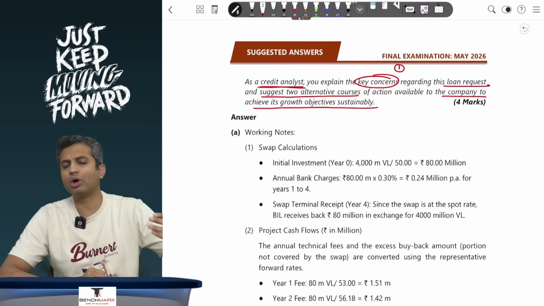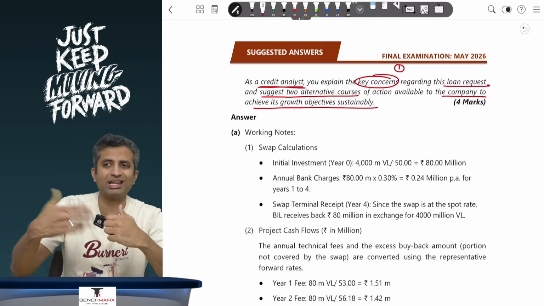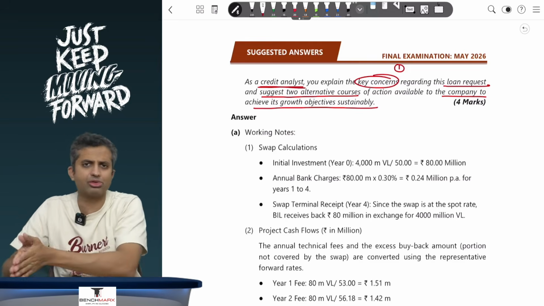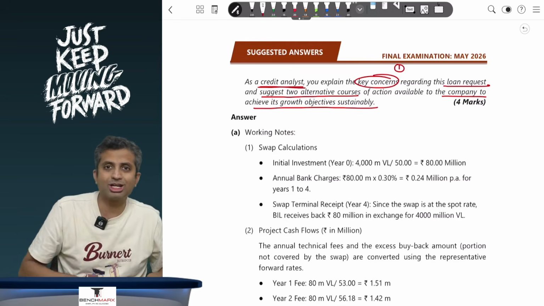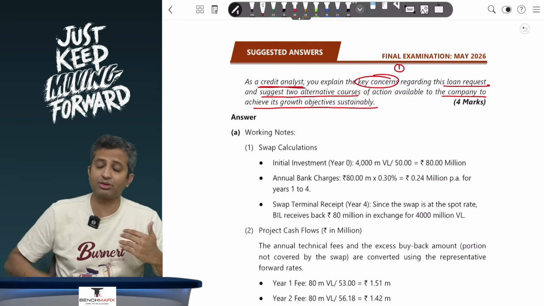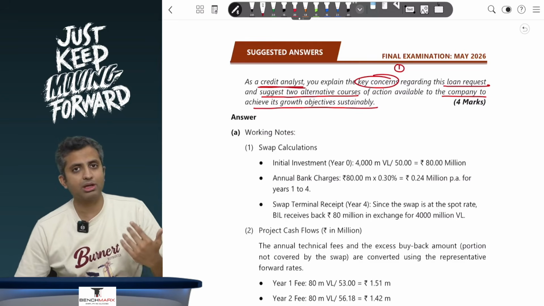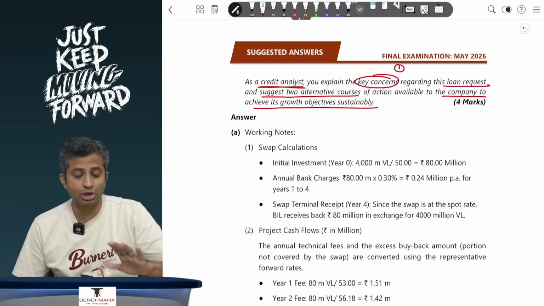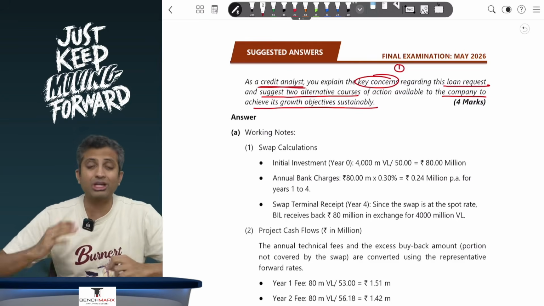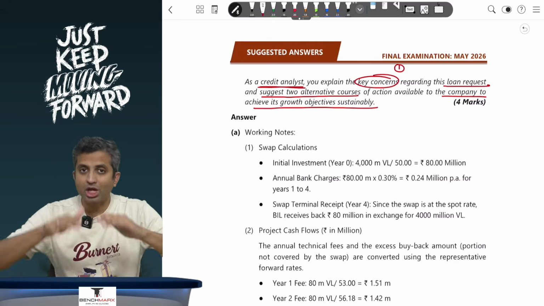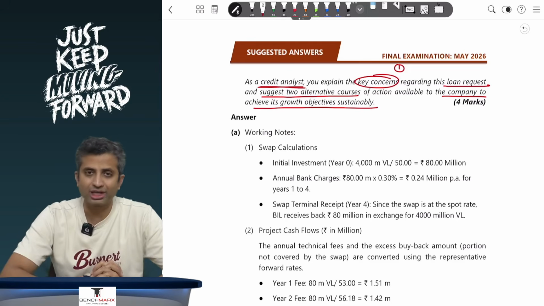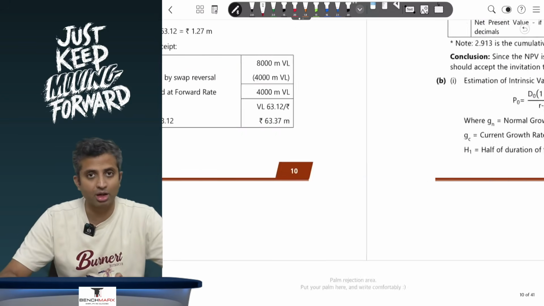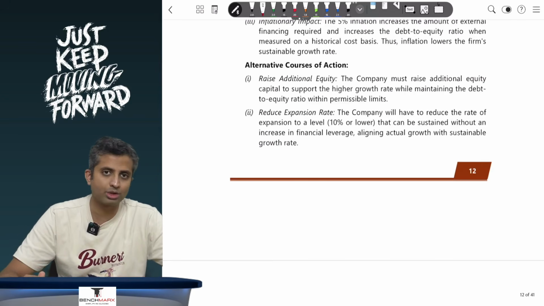The way you move out of this is either you raise funds through equity, that is raise the additional finance through equity, in which your debt to equity ratio problem is in a way solved, and that additional equity money can be used in order to increase the growth rate. Or if you're not okay raising equity for whatever reasons, then you have to normalize your growth expectations from 16% to, let us say, around 10%.